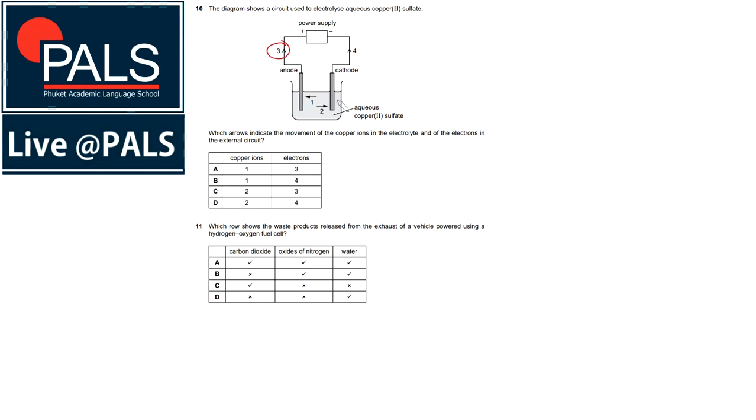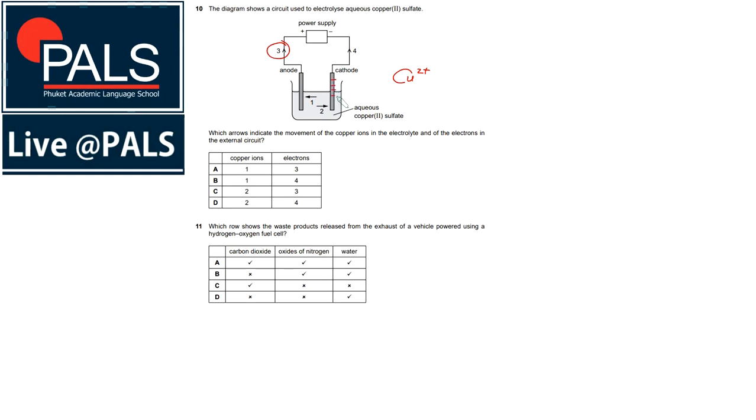Then ions. So we have copper sulfate, and the question is which arrow shows the correct direction of the flow of copper ions in the electrolyte. We know that copper ions have a positive charge, therefore they will go to the negative electrode. We know that electrons flow from negative in here, so here we have an excess of electrons.